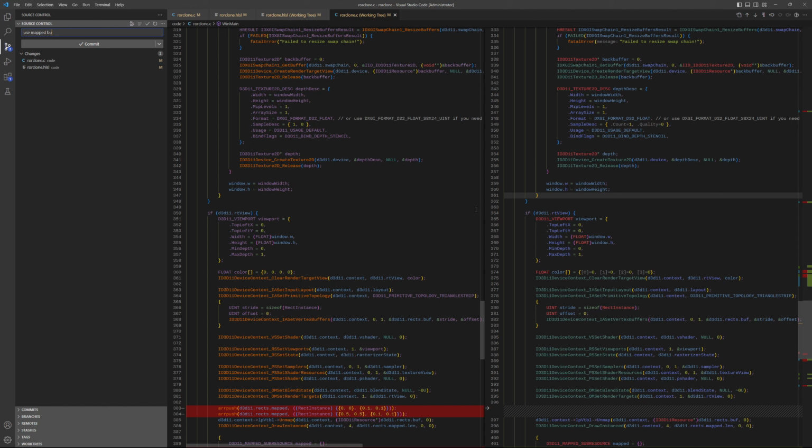Use mapped buffer as persistent storage. I guess that's what I did.